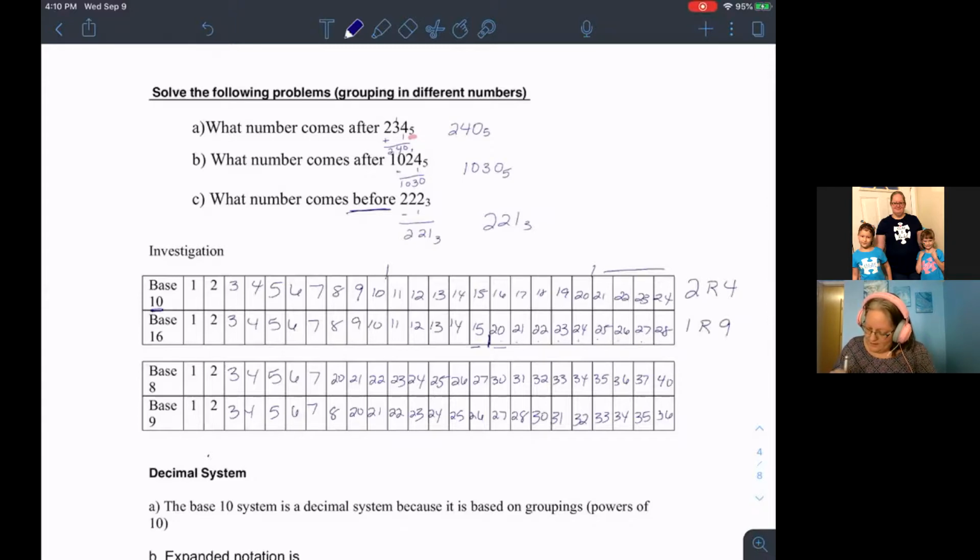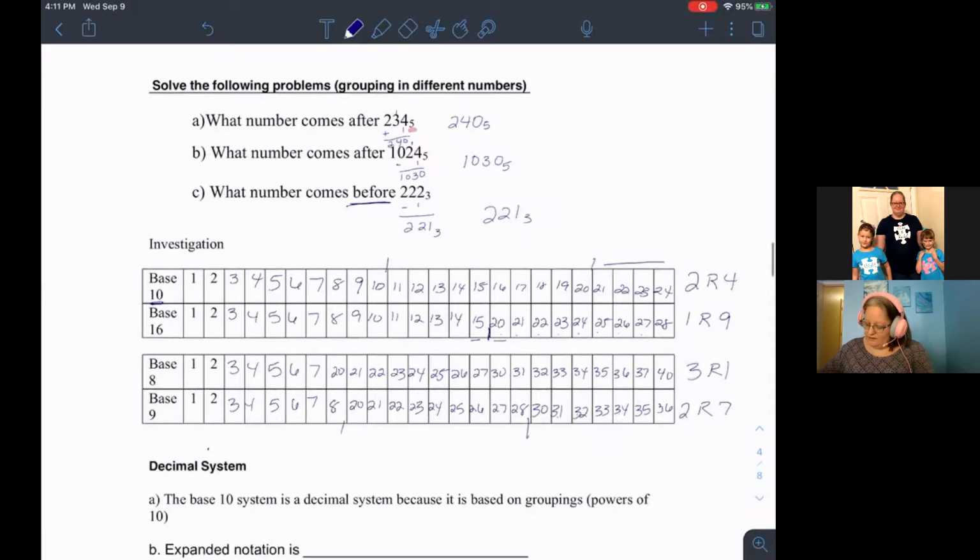And then for base 8, we have 3, remainder 1. And then for base 9, we have 2, remainder 7. So I think that's what she was trying to get at in class, what she was looking for on that one.